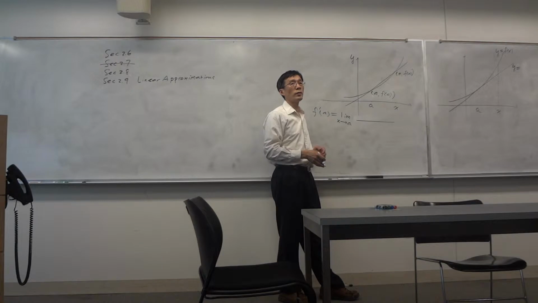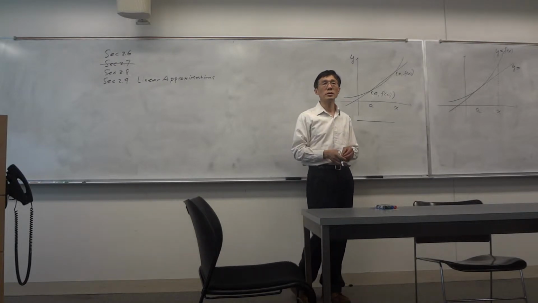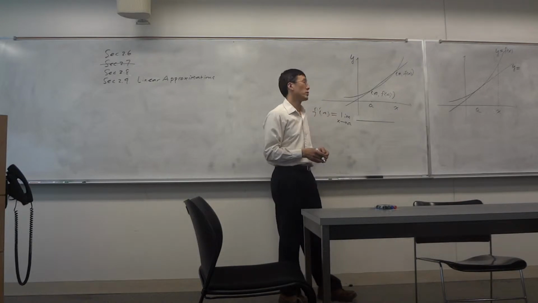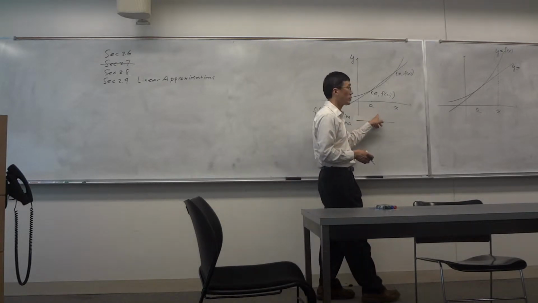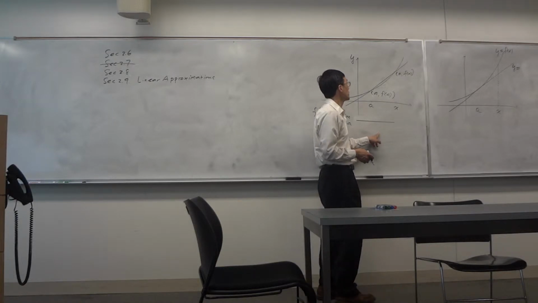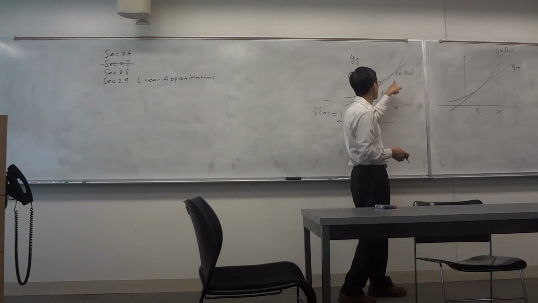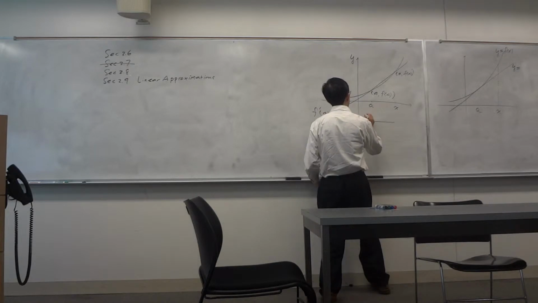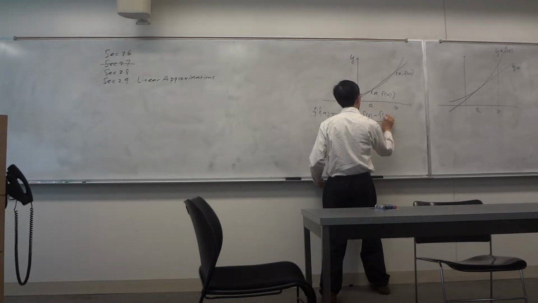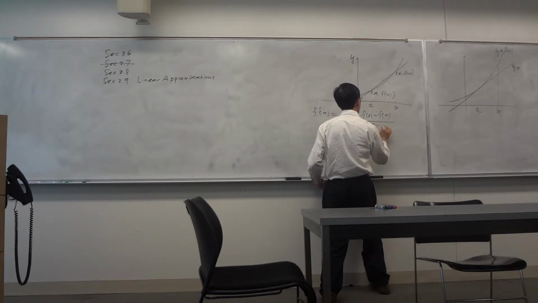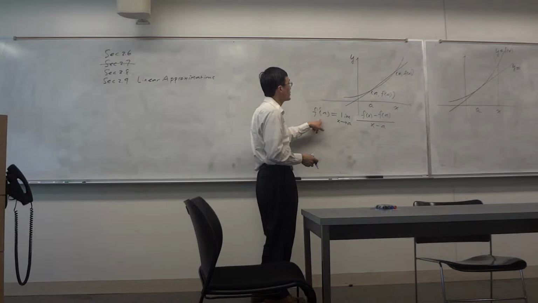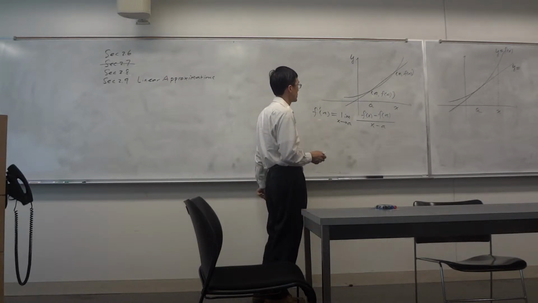There's a well-known formula for the slope of the line connecting two points: y2 minus y1 over x2 minus x1. In this case, it becomes f(x) minus f(a) over x minus a. This was a way to compute the slope of the tangent line at this point.